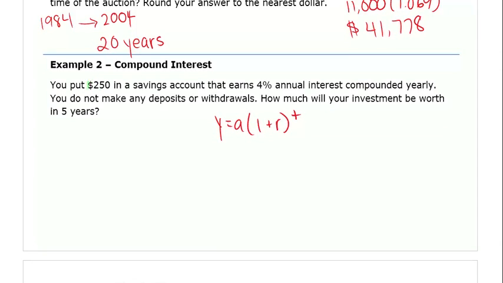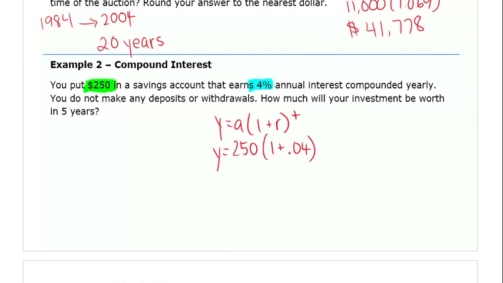We need an initial starting value. That's going to be the $250 we plugged into the account. It's 4% interest. 4% would be 0.04. In this case, it's not really asking us to write a function. We totally could write a function because we would just put t there.